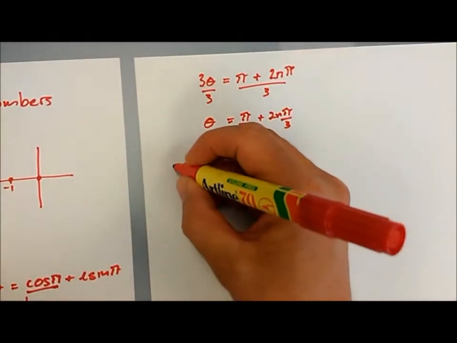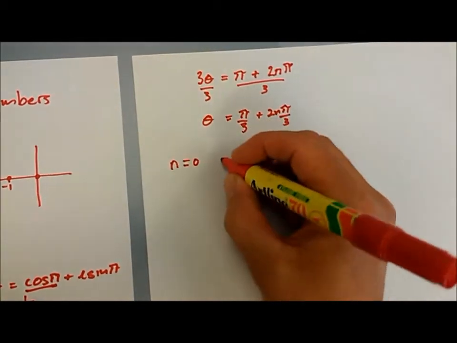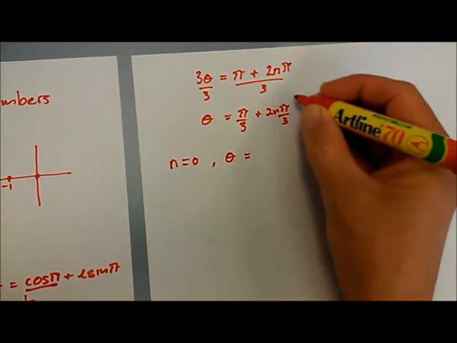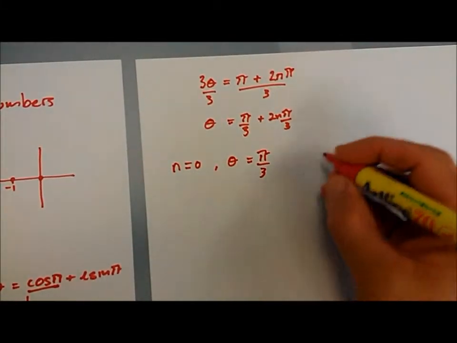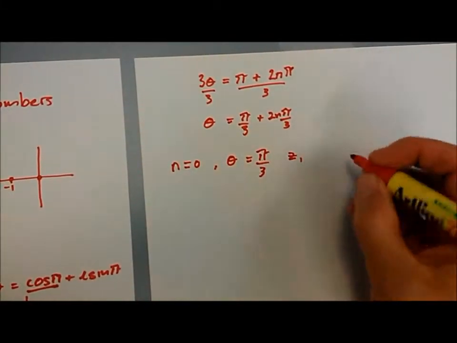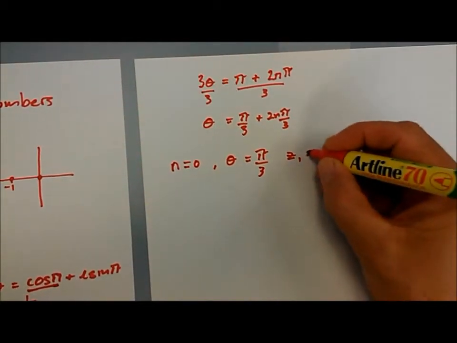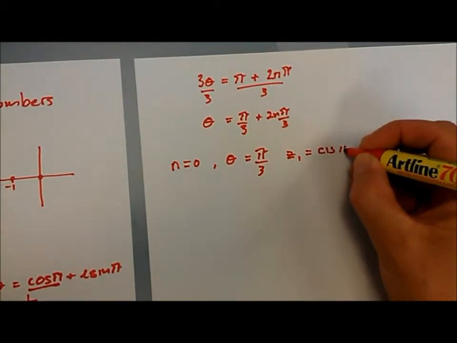I'll start off with n equals 0, and that'll give me that θ is equal to π/3. And so that'll give me that z, I'll call it z1, my first solution, will be equal to 1(cos π/3 + i sin π/3).